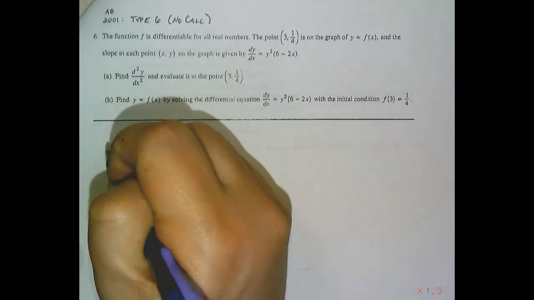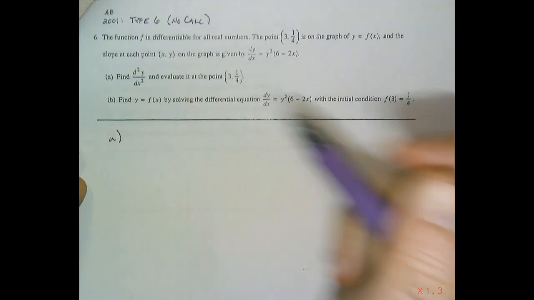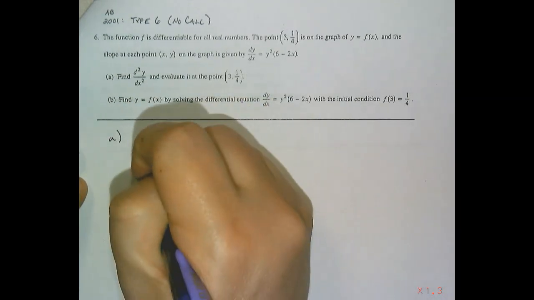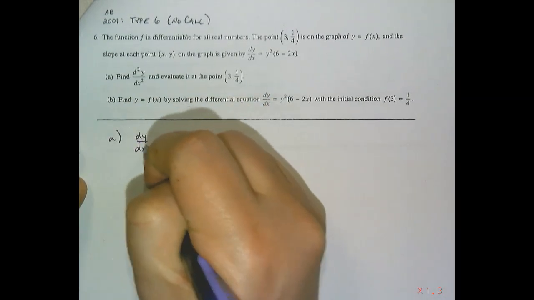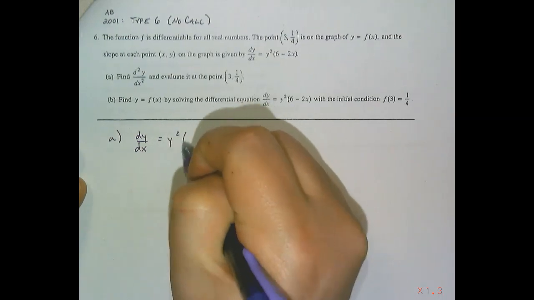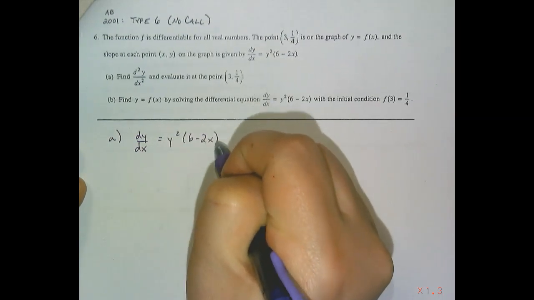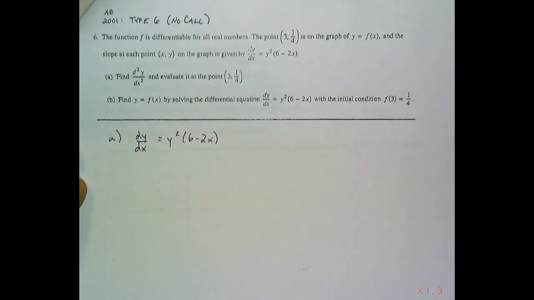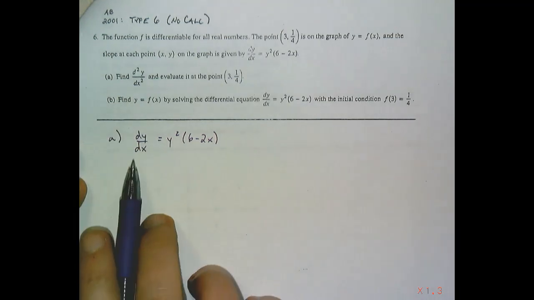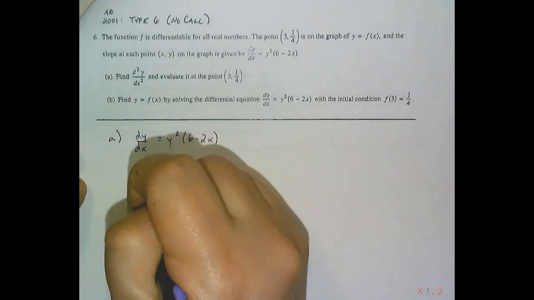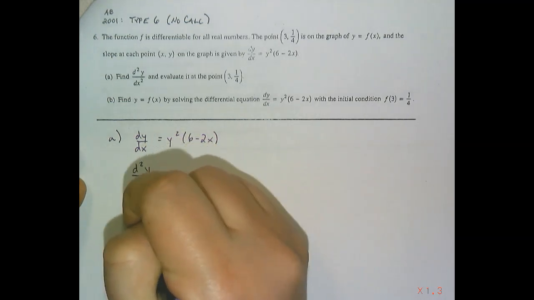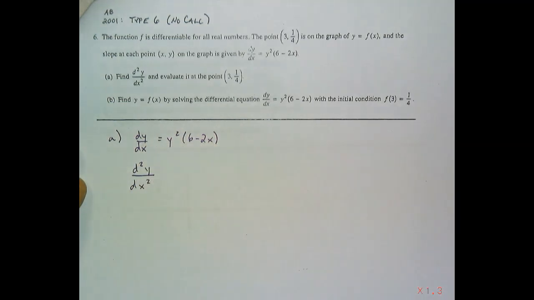So, starting off, they give us the first derivative, dy/dx, is equal to y squared times 6 minus 2x. And if we want to find the second derivative, we will be taking the derivative of the left side and the right side. So the derivative of the left with respect to x.